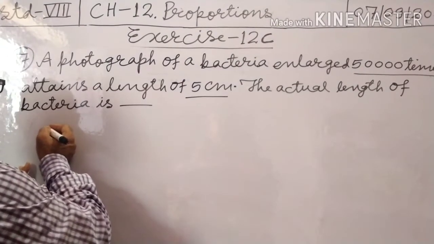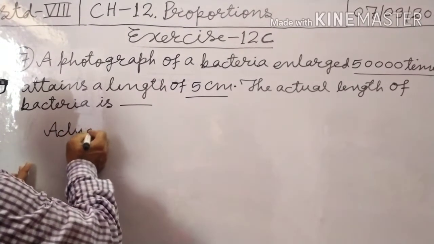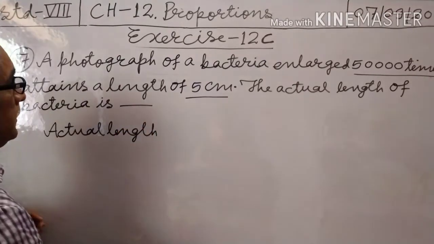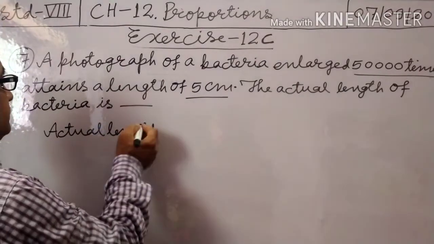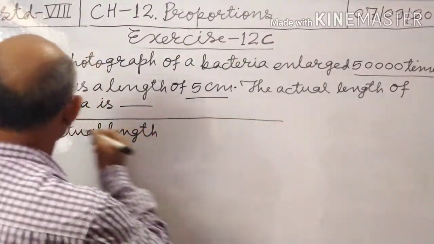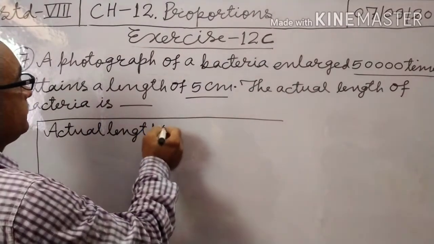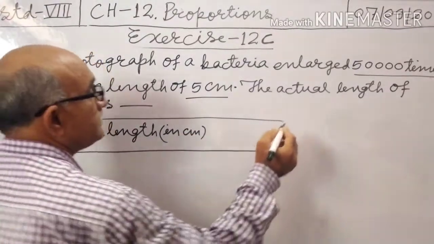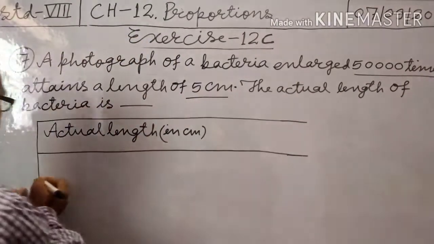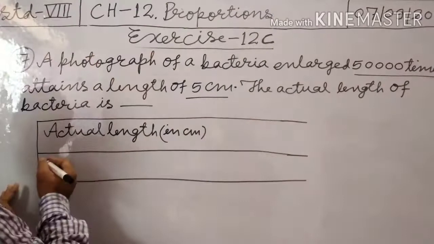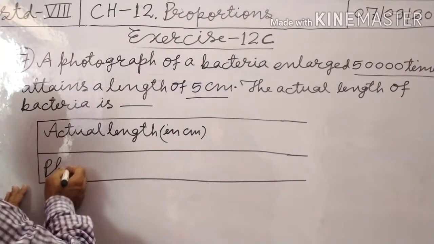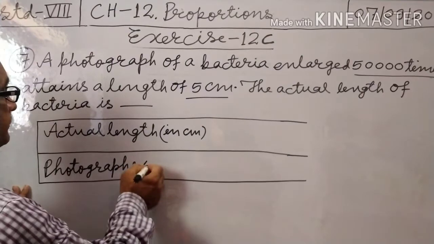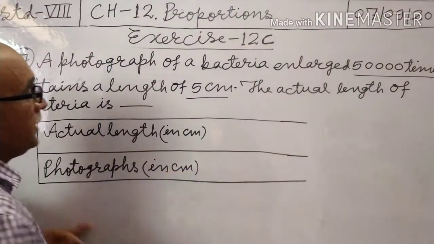Write in the first column actual length in cm, and photograph in cm.